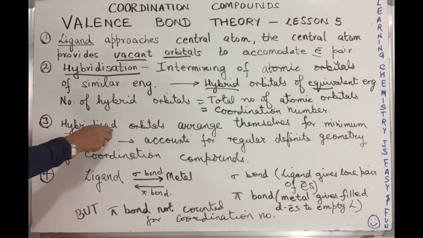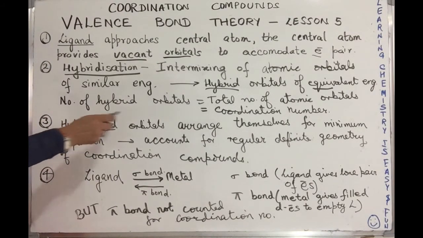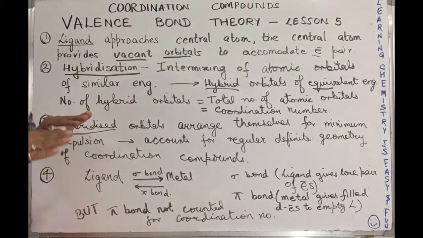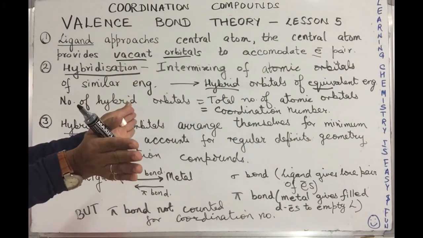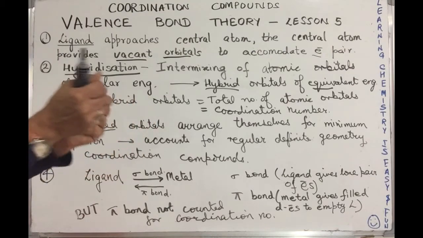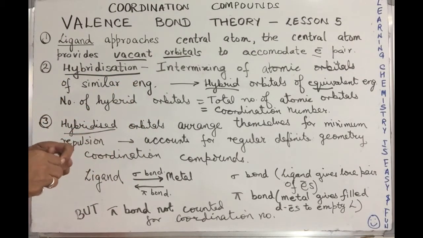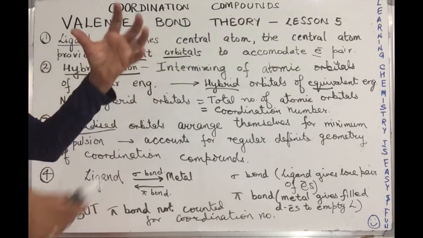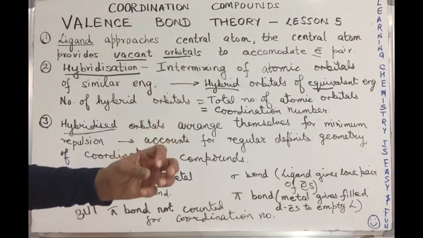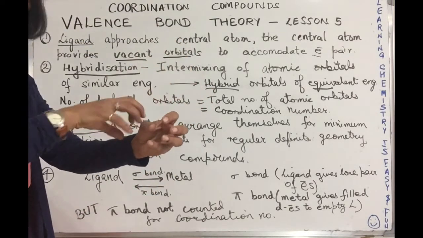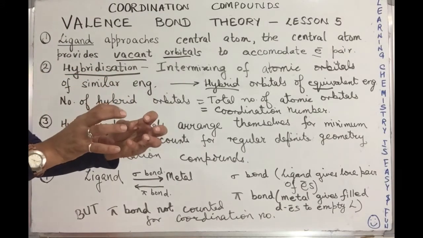The hybridized orbitals arrange themselves so that they are at maximum distance apart from each other and there is minimum repulsion. Otherwise, what is going to happen? Now, this is atom A and a lot of ligands have come here, right?